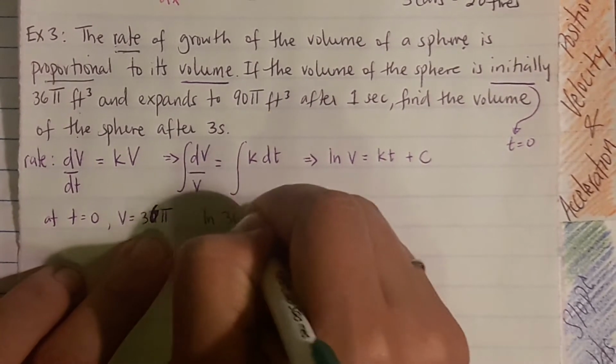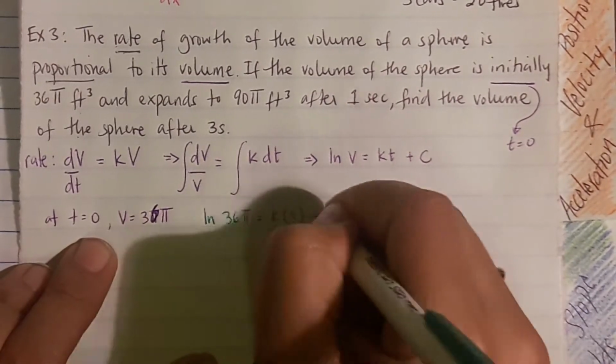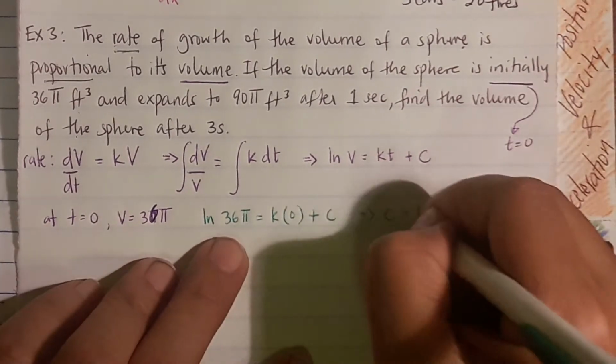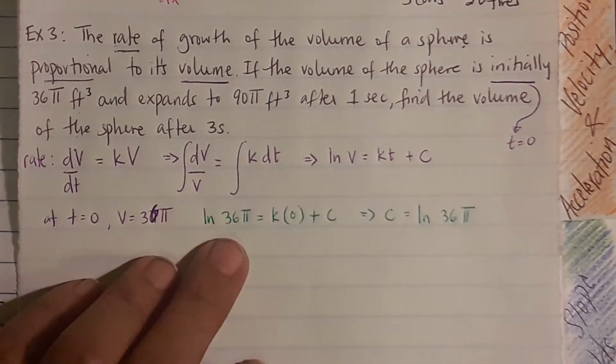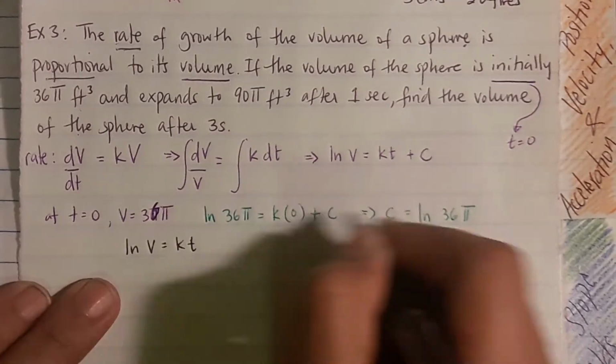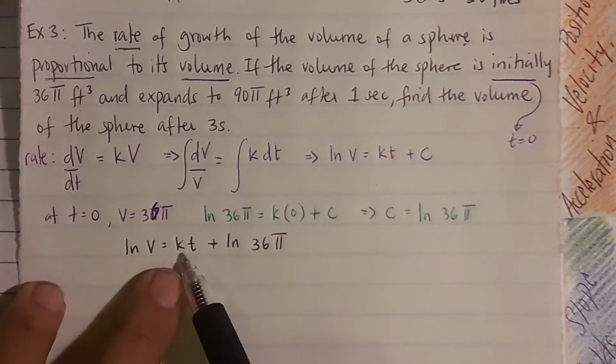Log of 36 pi is equal to k, which I don't know, times t, which I do know is 0, plus c. And k times 0 goes away, so c is equal to log of 36 pi. Okay. Now I'm going to rewrite that, including that. So log of V is equal to kt plus, instead of c, log of 36 pi.